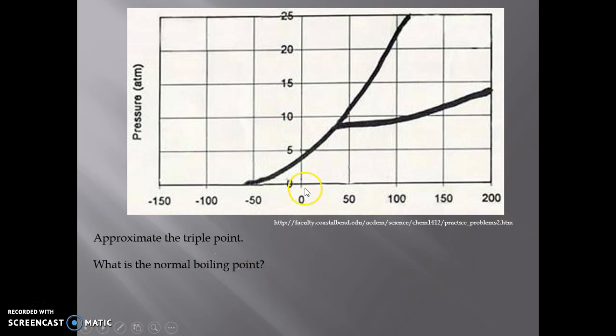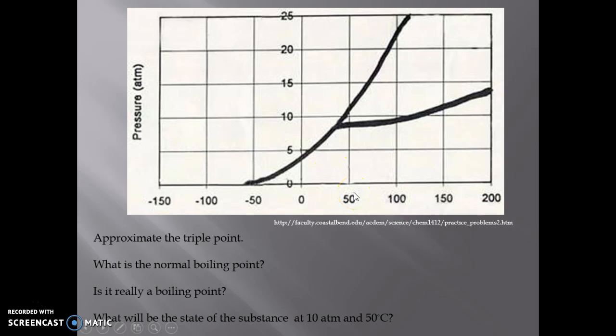Normal boiling point, so at 1 atm, normal boiling point is going to be negative something. So what is that, about negative 30, 35, something like that. Is it really boiling? Again, like CO2, it's going from the solid phase here to the gaseous phase here. So it's not really boiling, it's subliming at 1 atm.